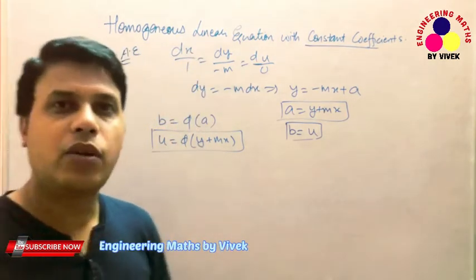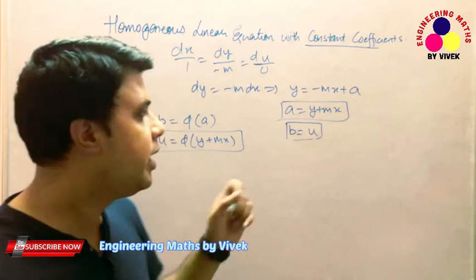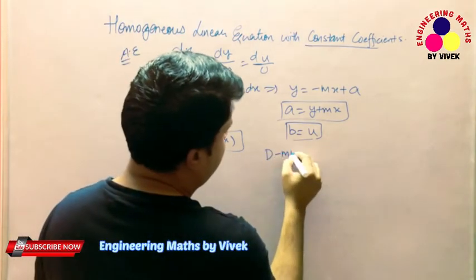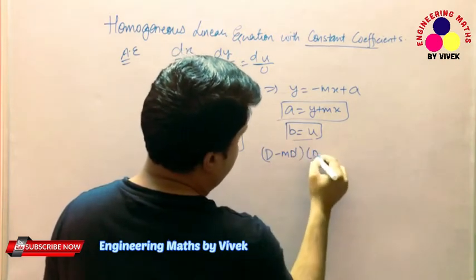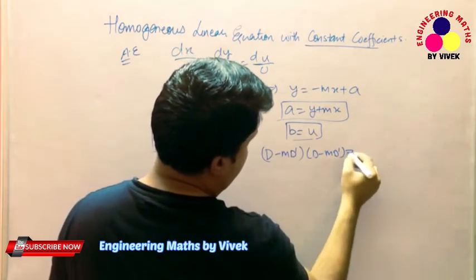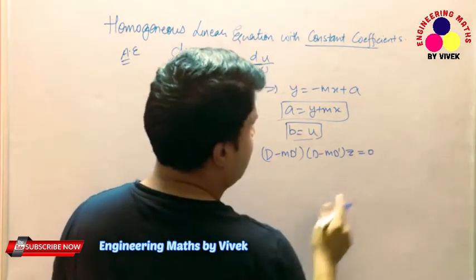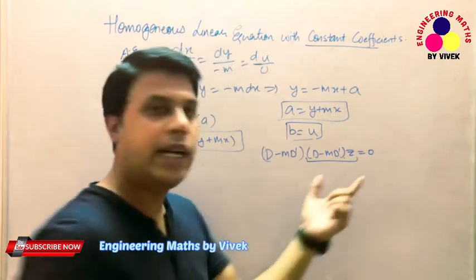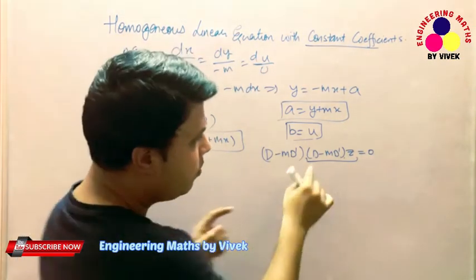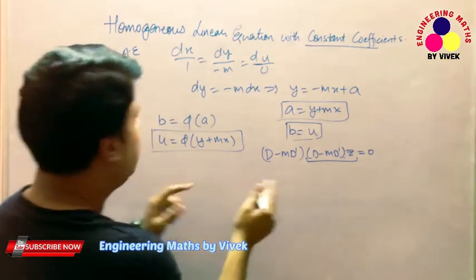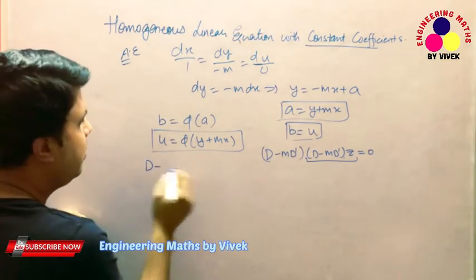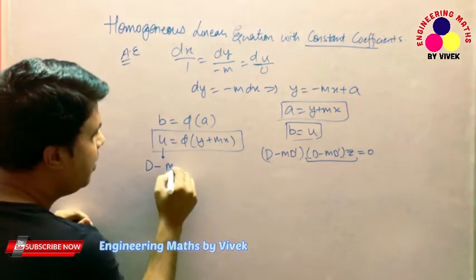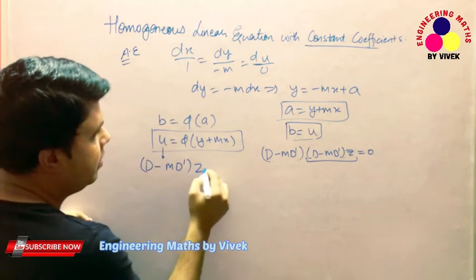Okay, now again back to the equation which was written in the square form. And I have assumed u was actually (D - mD')z equals to.